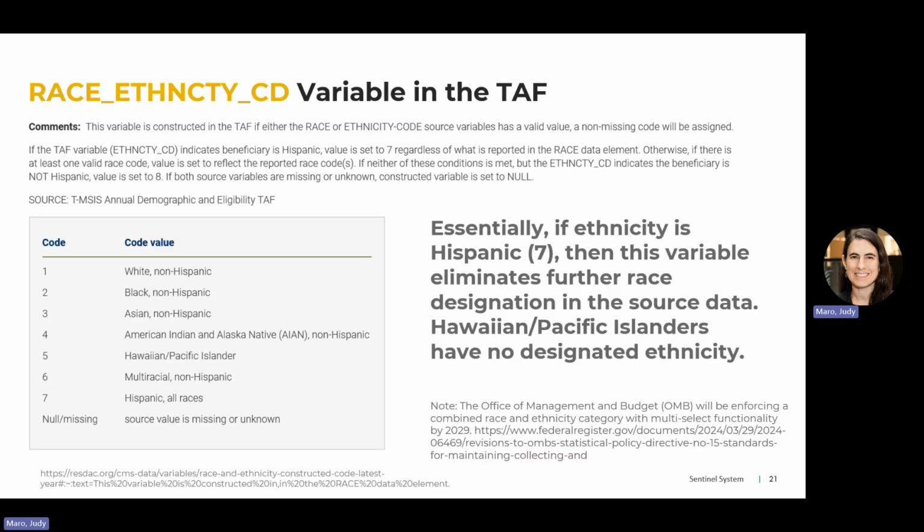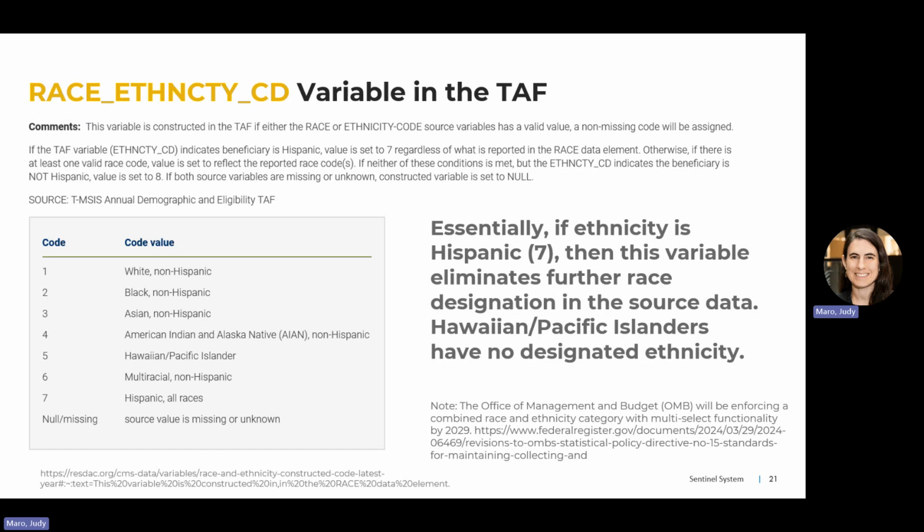Now we're going to talk a minute about the possibility of missing race and ethnicity in the TAF RIF data sets. So it's important to think about how this particular variable is defined. In the 1990s, the Office of Management and Budget specified that race and ethnicity were to be separately defined, with particular categories of types of race and types of ethnicity for all federally collected data.